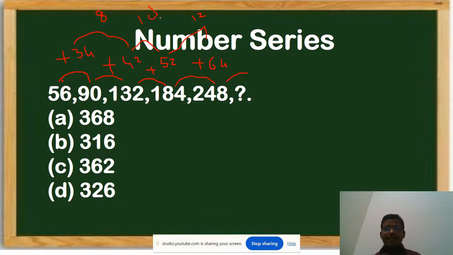Initially 8 gap, 10 gap, 12 gap. The next gap should be 14. It means that 64 plus 14, 78 is the difference. So 248 plus 78 is 326. So 326 is the answer, option D.